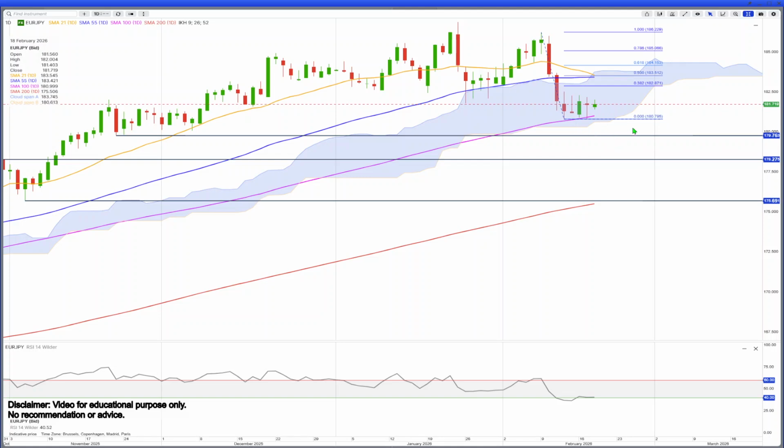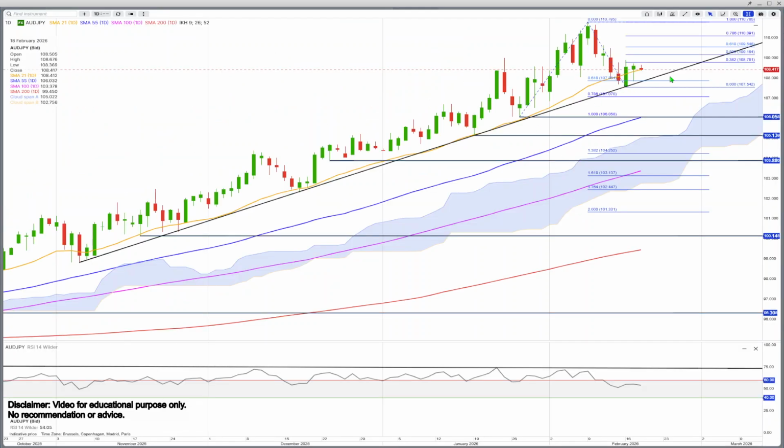But I think if it really takes out these lows here for the past few days and the cloud support there, then we could see a push even below the 179.75 and down to 179 or 178 and a quarter support. We are in a negative sentiment with the RSI, so it actually does support lower levels, but this is a fairly strong support area we are trading at the moment.